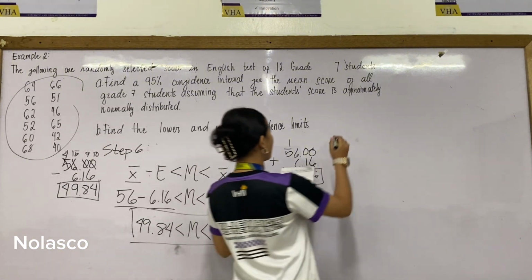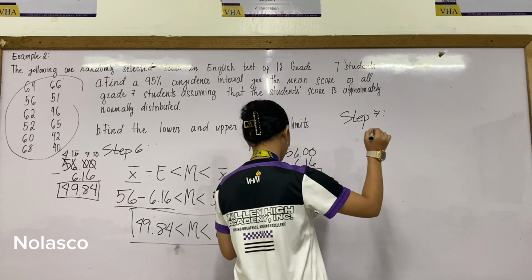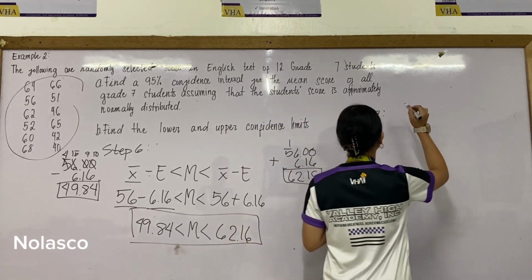And in our step 7 is to find the lower and upper confidence limits.